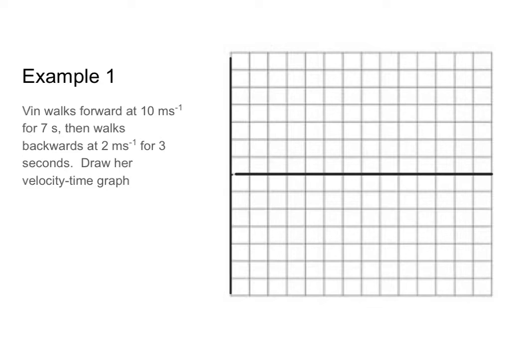And I'm going to label them the way that they should be labeled. So our x-axis, like in our position time graph, is going to measure time in seconds. And then our y-axis is going to measure velocity. And our units for that are, of course, meters per second.